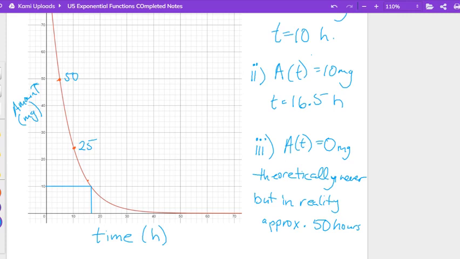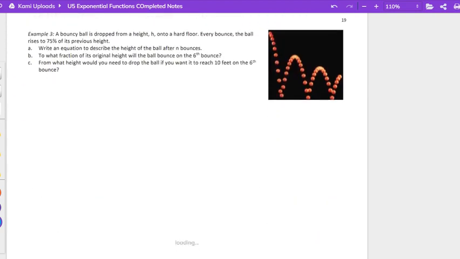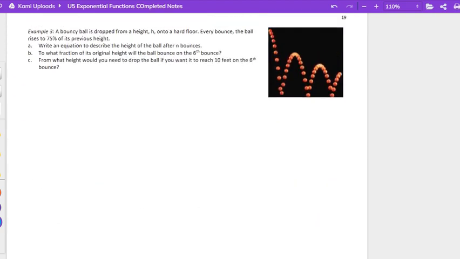All right, let's look at one more question. Some more fraction work. Doesn't this look like a physics question coming up? The bouncing of a ball. So we have a bouncy ball, and it's bouncing on a hard floor, which allows it to bounce longer and higher.